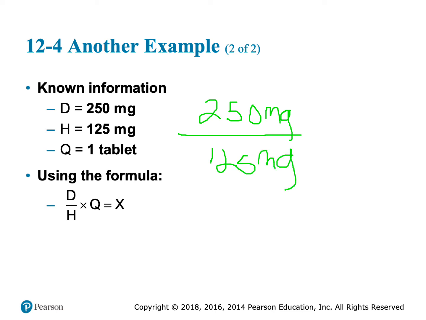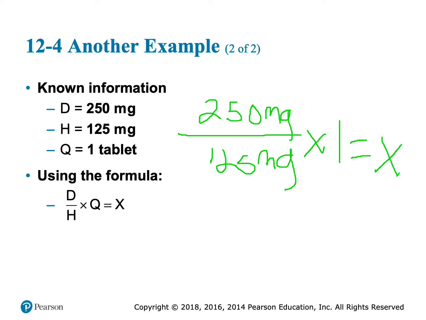Now let's just pause right here and make sure our units are the same. And they are, they're both milligrams, right? So times Q, which is 1, is going to equal our unknown. All right, so take a couple minutes, pause the video, work this out, and then come back to see if you got the right answer.